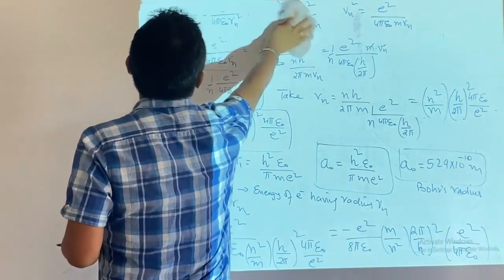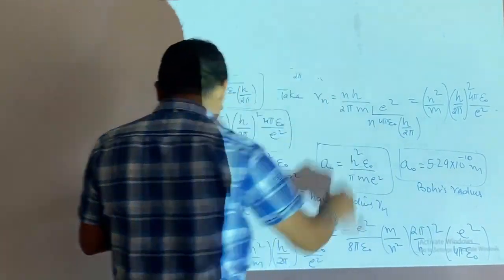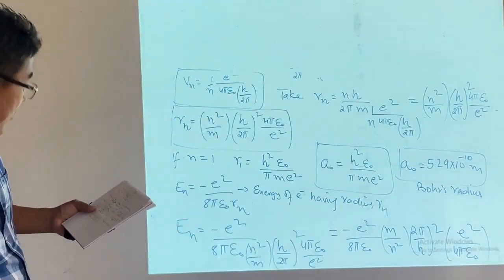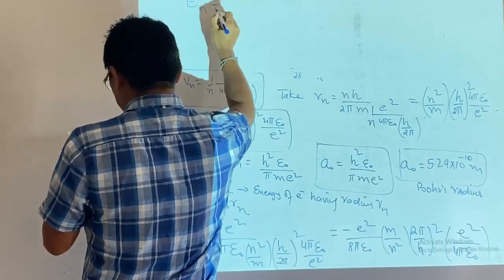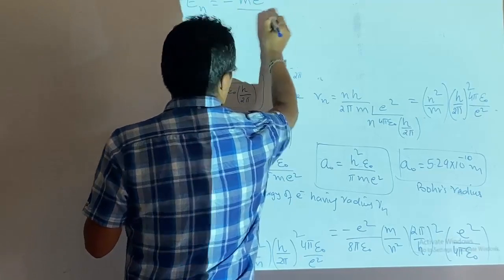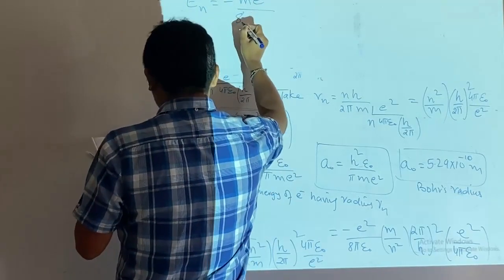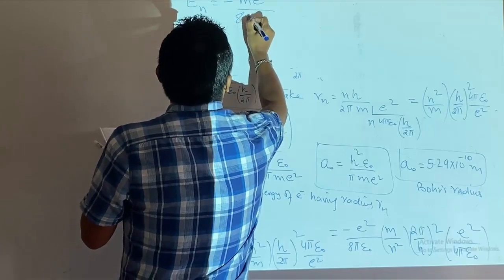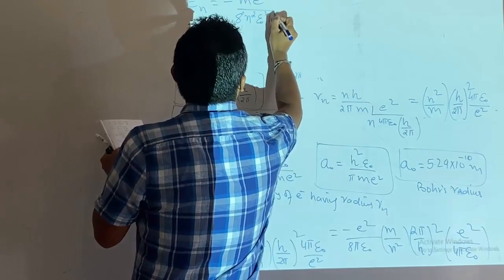When I simplify this, finally I'm going to get minus me4 divided by 8 n square epsilon naught square h square.